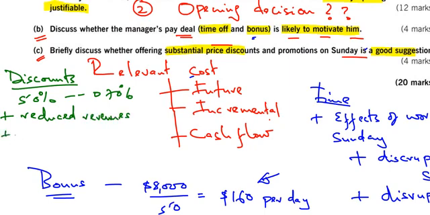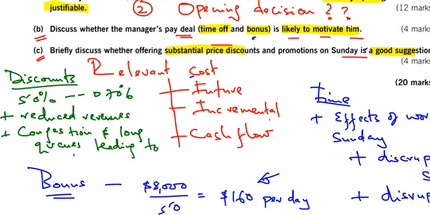Okay. Then probably you may attract so many people on Sunday that you have congestion and long queues leading to poor service.